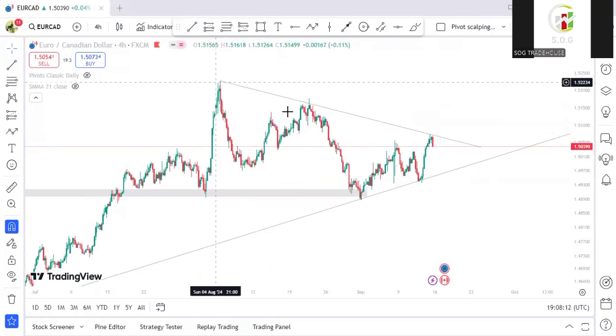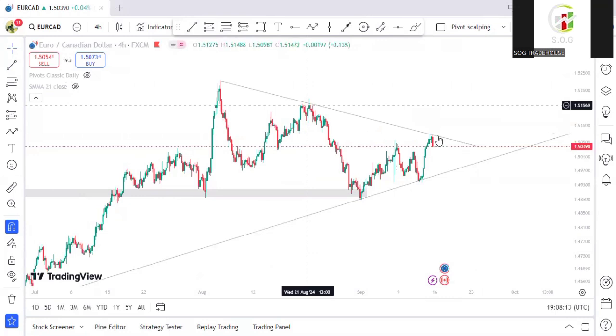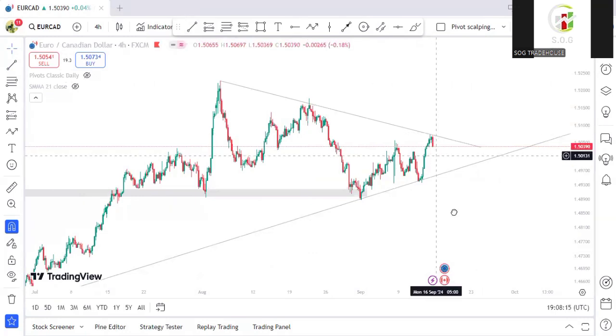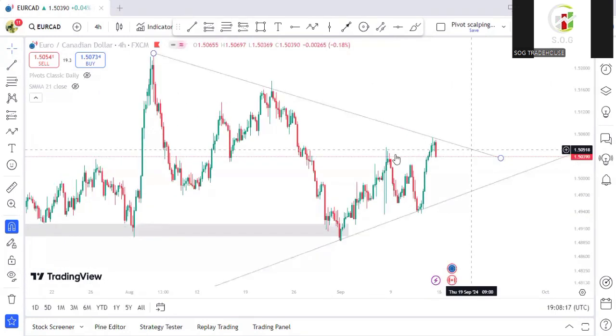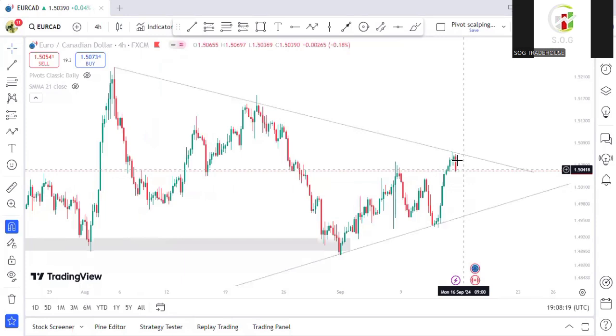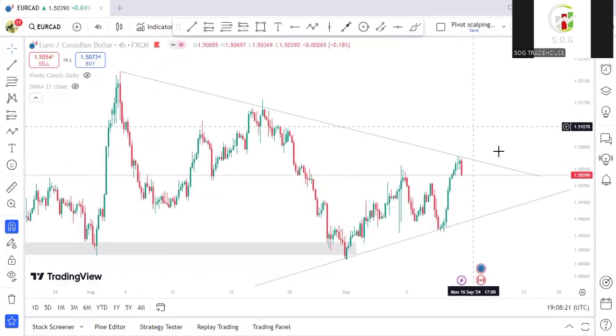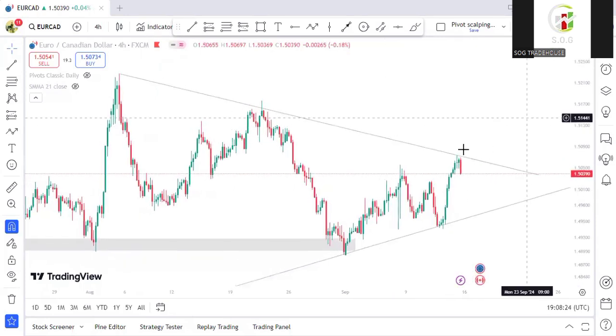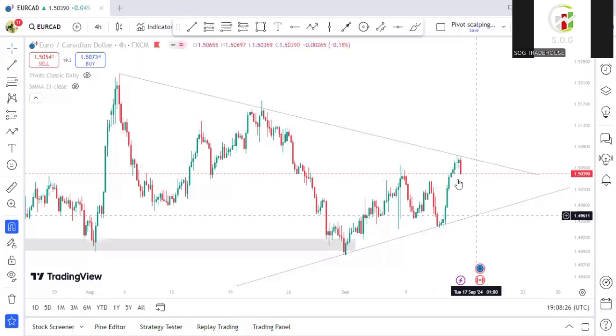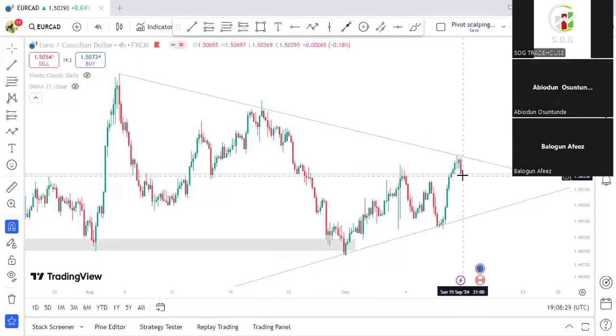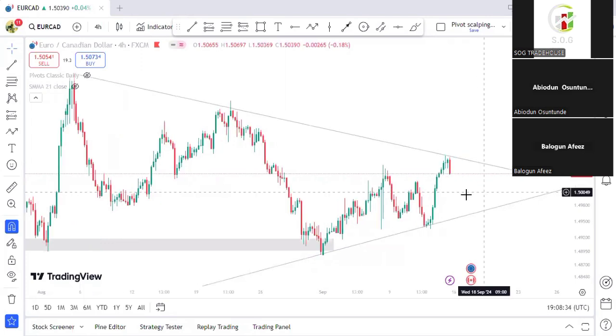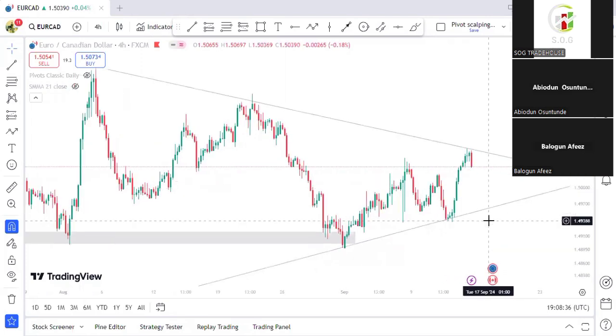This is the first touch, the second touch, and the third touch. And as you can see, there's a bullish candlestick pattern forming here, which confirms the sell move to this trend line. So trading this particular opportunity here will be a counter trend because the overall move on EURCAD is bullish.